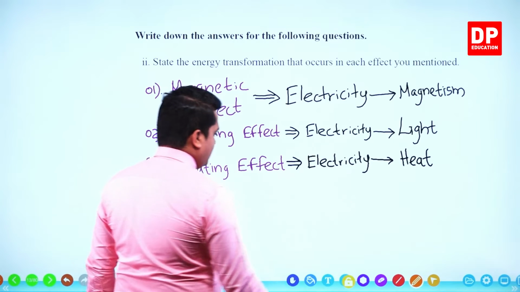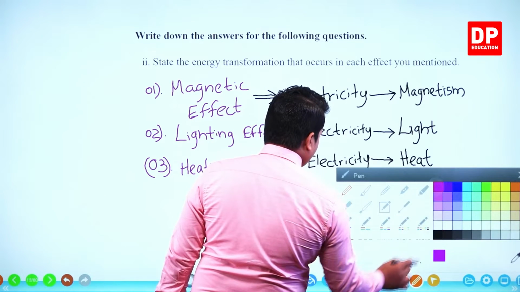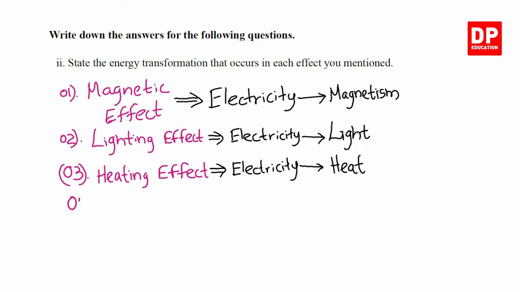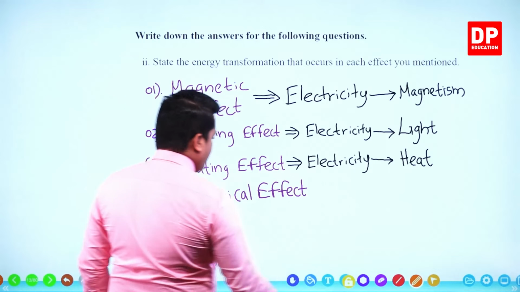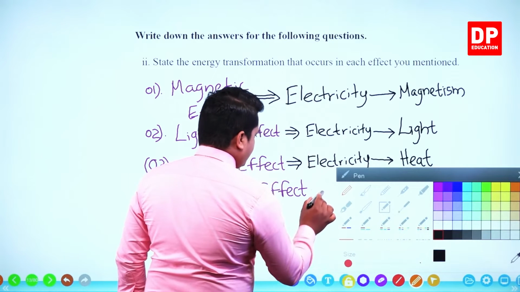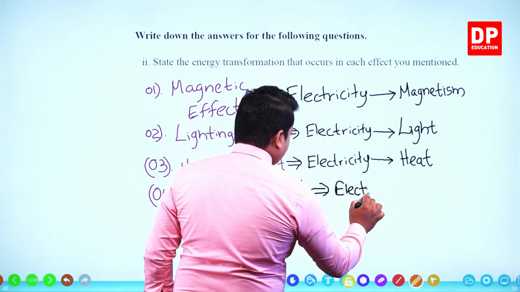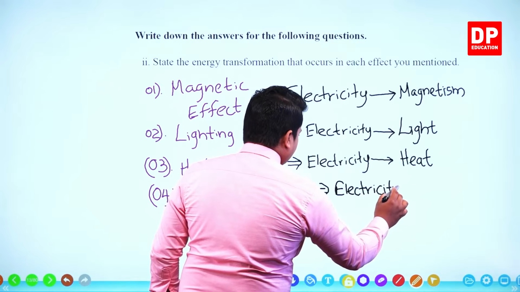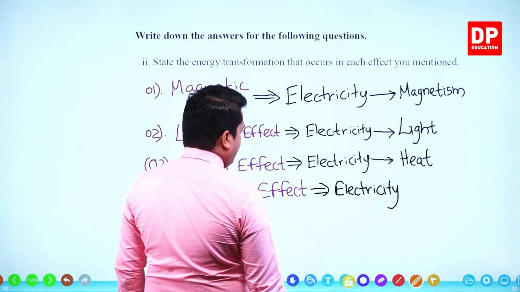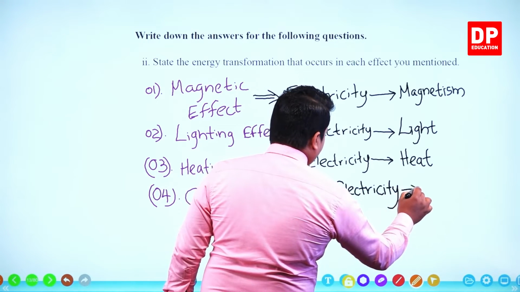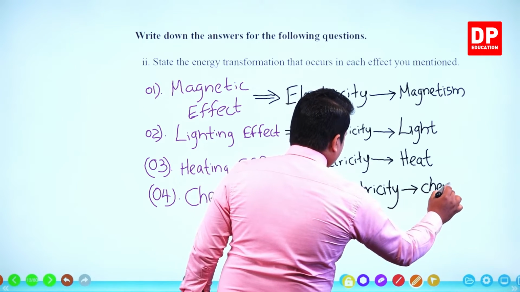Then finally, number 4, chemical effect. In chemical effect, my dear children, electricity is converted to chemical energy.